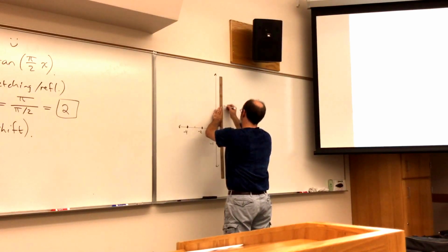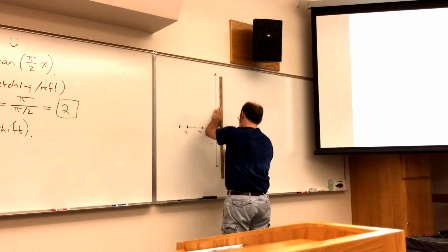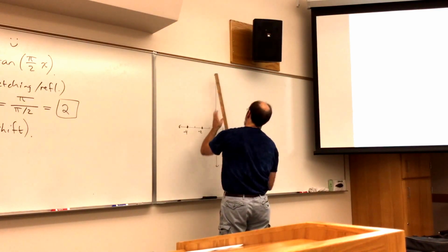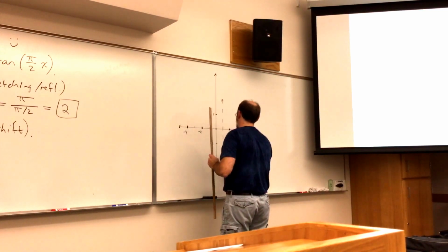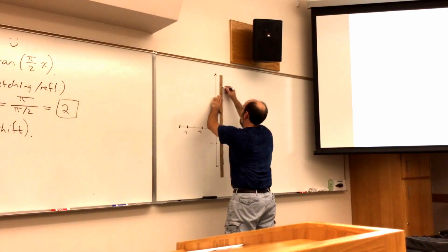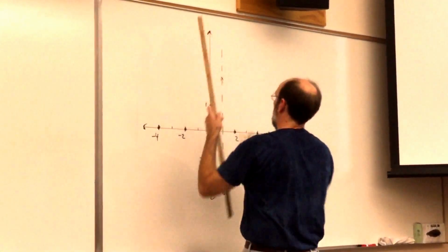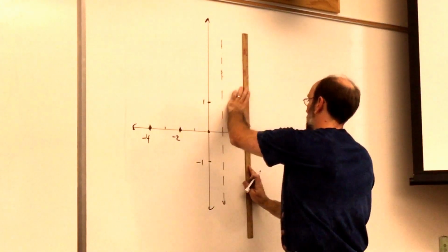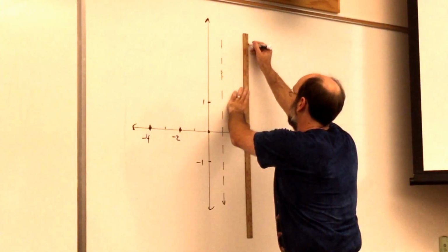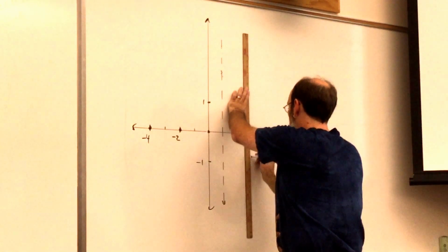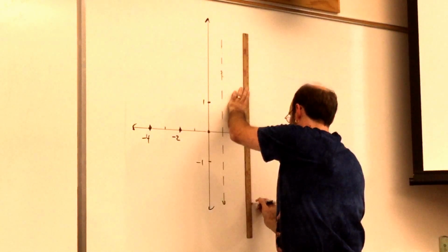So I'll just pencil those in, those dashed lines. Do your basic features first, your x-intercepts and your asymptotes, and then let those features guide the rest of your graph.